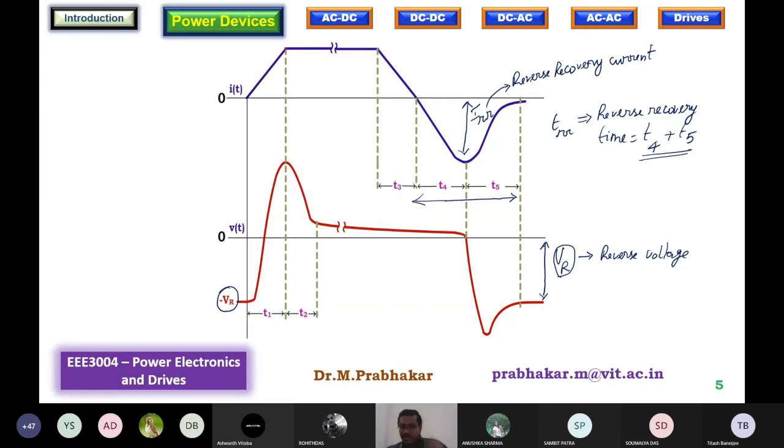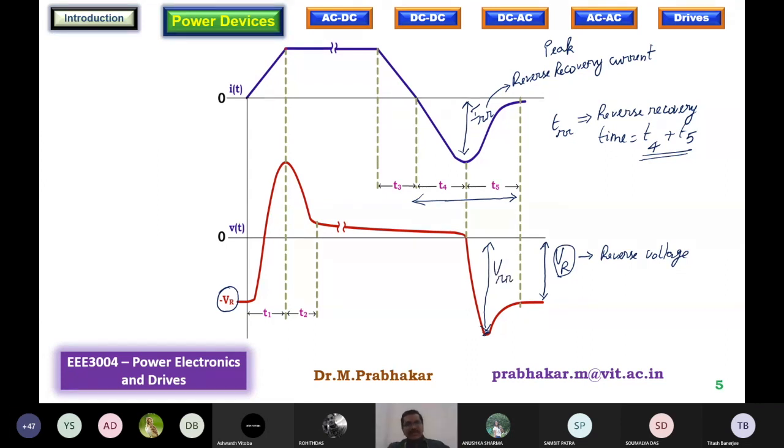All right. VR is the reverse voltage. IRR is the peak reverse recovery current. And you have this voltage as well. This is called the maximum reverse recovery voltage or peak reverse recovery voltage, VRR.